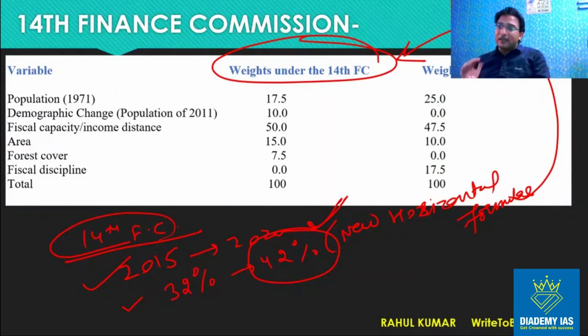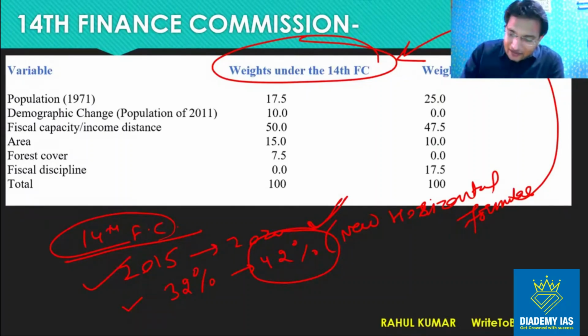Now they are receiving the money without any condition, so now they have more autonomy. They can devise their own schemes. They are not dependent on the center. They do not have to comply with any condition. This is the advantage of this 42% formula, right?